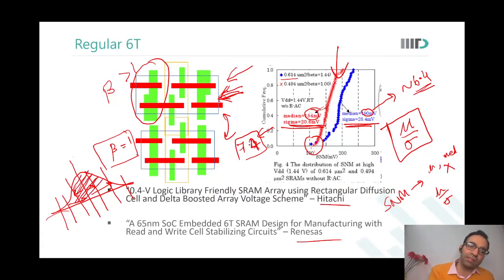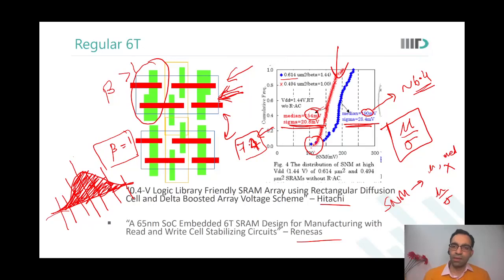Then only this kind of cells were functional. Other cells would have SNM equal to 0. But if mu by sigma was 2, then I add these into functional cells. If mu by sigma was 3, even these cells become functional. So the greater the mu by sigma, the higher the yield.